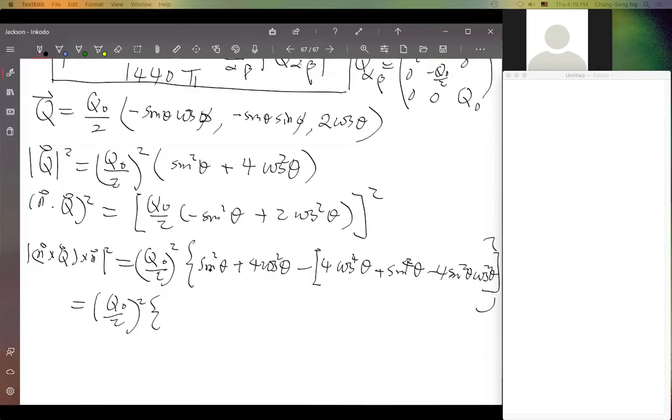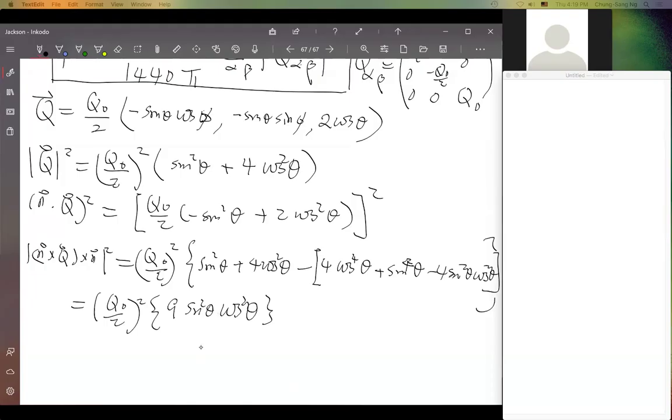Combine everything, and you see that they have some cancellation, and what is left is 9 sine square theta cosine square theta. All right, so it might take a while to simplify all this, but the final result is that you only have this sine square theta cosine square theta.